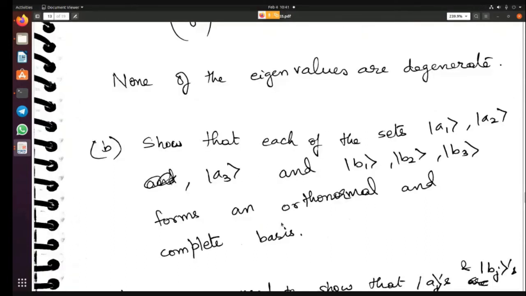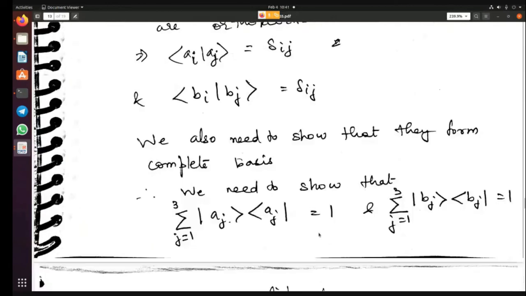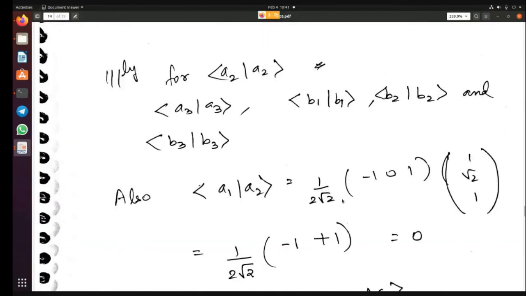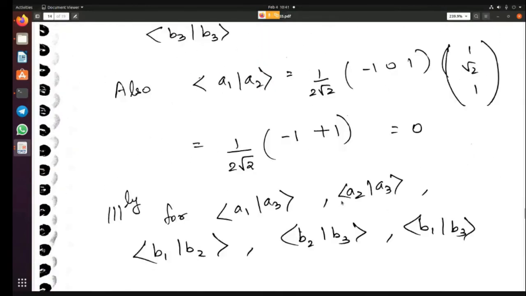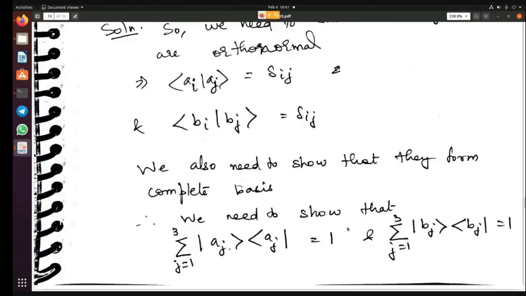And then they also want us to show that it is a complete basis. So how will you show it is complete basis? Actually, this should be the I operator.